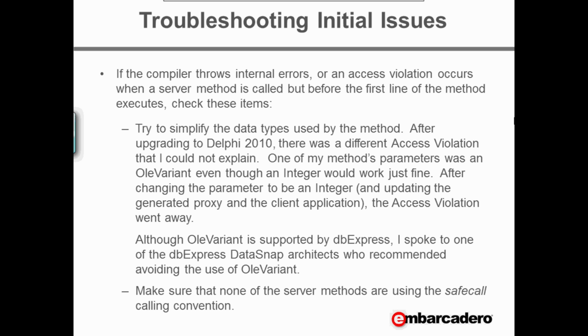After I upgraded to 2010, I had an access violation that I couldn't explain. One of my method's parameters was an OLE variant, but really an integer would have worked just fine. So in trying to simplify the method itself, I changed the parameter to an integer, updated the proxy in the client application, and the access violation went away.